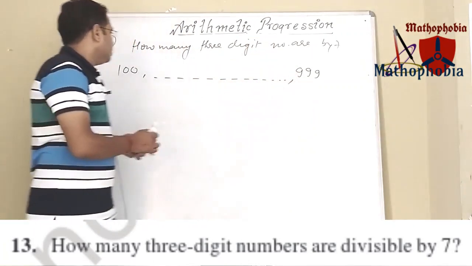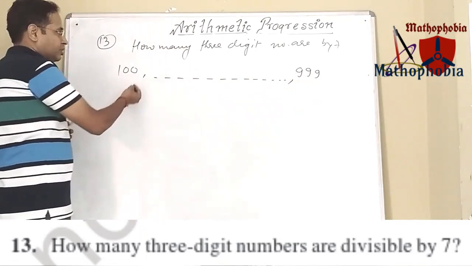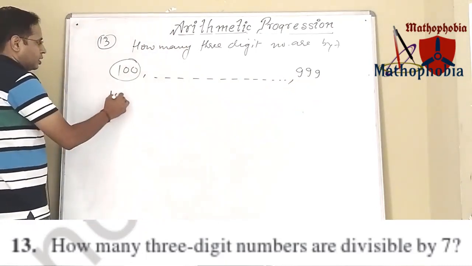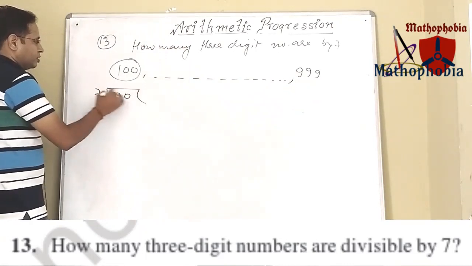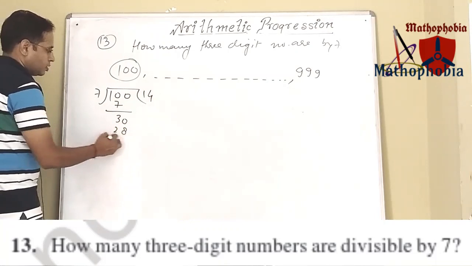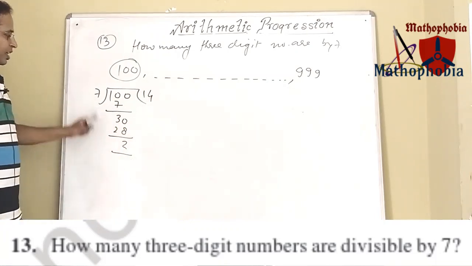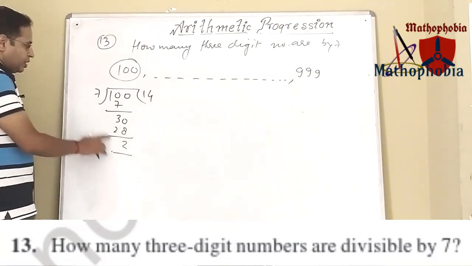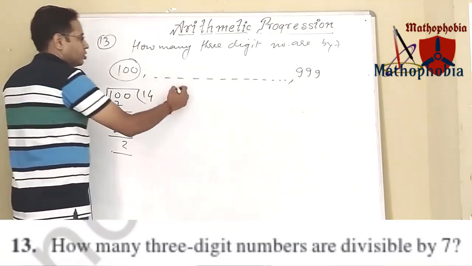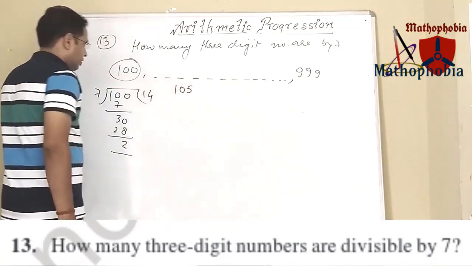Now, which will be the first 3 digit number which is divisible by 7? We need to find that. Divide 100 by 7. 7 minus 2, how much will we get? 7 minus 2 is equal to 5. We'll add 5 to 100. So the first will be 105.